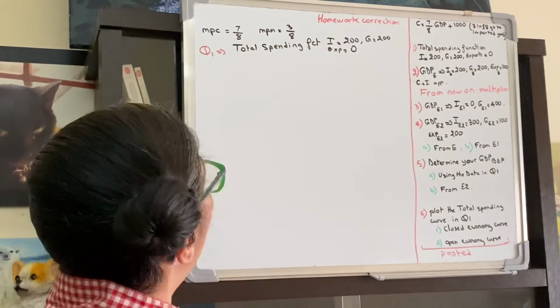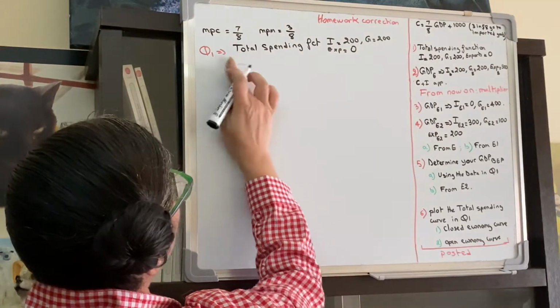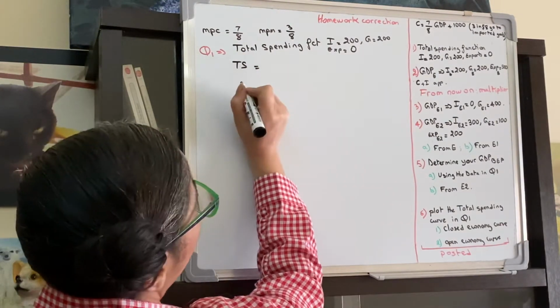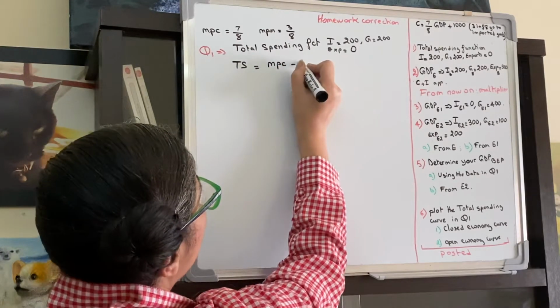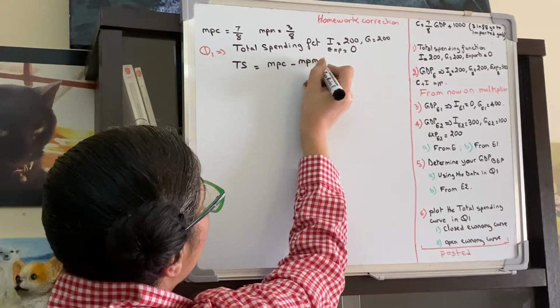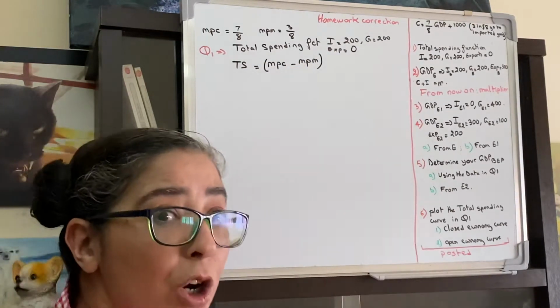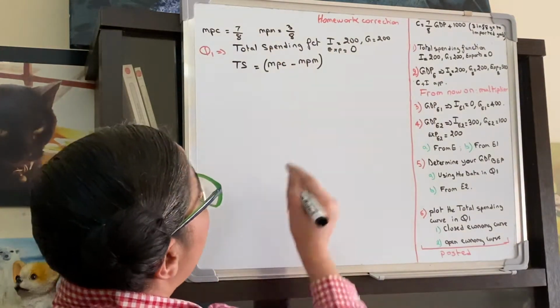I gave you the rule. So total spending, I'm going to just write TS, it's easier on me. TS function is equal to MPC minus MPM, because it changes the slope of the function from a closed to an open economy. This one is smaller than this one.